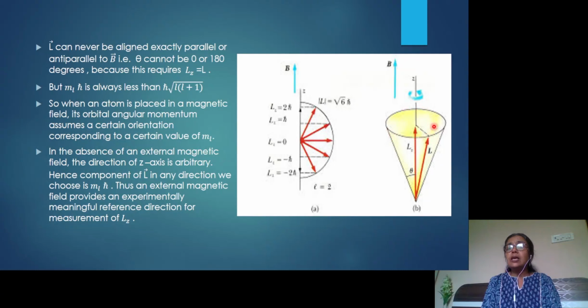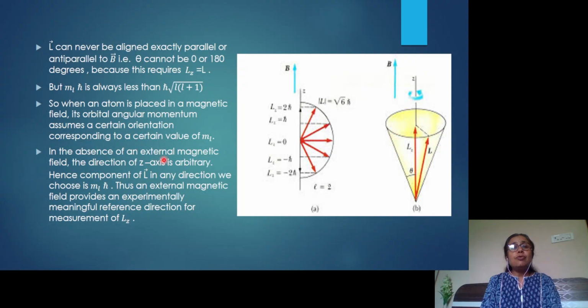So L is precessing around the direction of B and it traces out a cone around the direction of B. So when an atom is placed in a magnetic field, its orbital angular momentum assumes a certain orientation corresponding to a certain value of ml. Please see that because theta is constant for this orientation of the L vector, Lz will be constant, but the direction of L is constantly changing, precessing around the B vector.